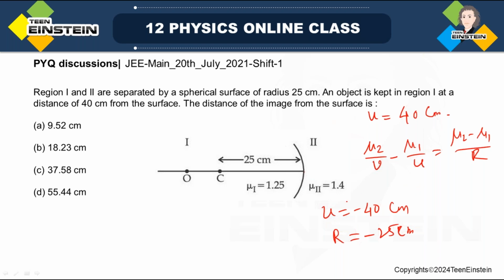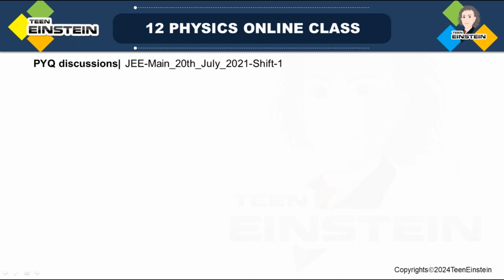Okay, if we put these values, mu1 is 1.25 and mu2 is 1.4. So if we put these values, I'll write the last expression.